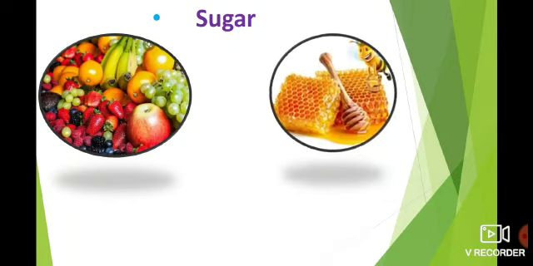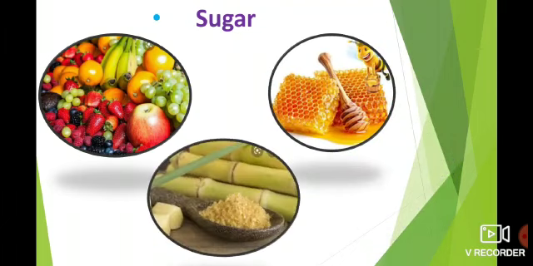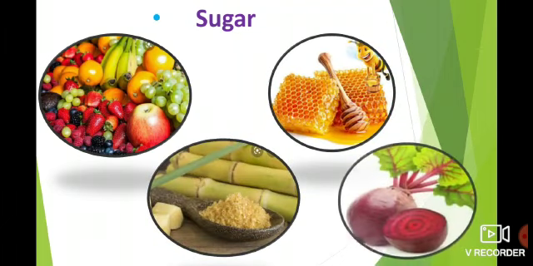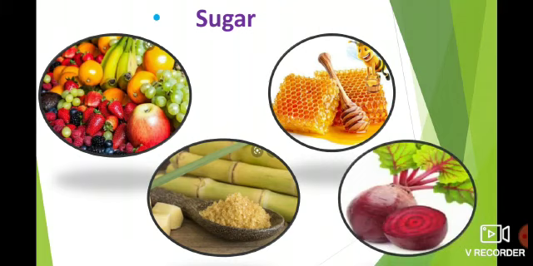Let us learn about the forms and sources of carbohydrate. First one, sugar. Sugar is a form of carbohydrate and its sources are fruits, honey, cane sugar and sugar beet.